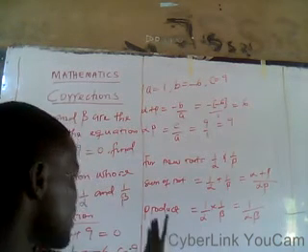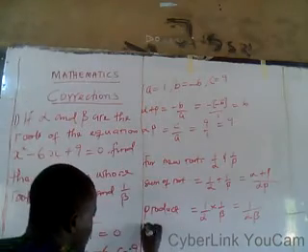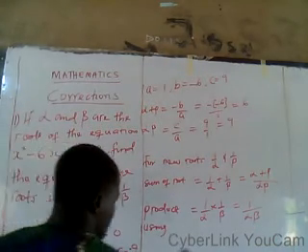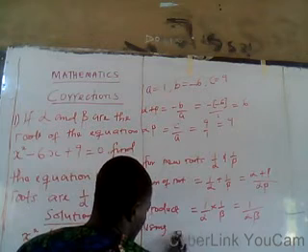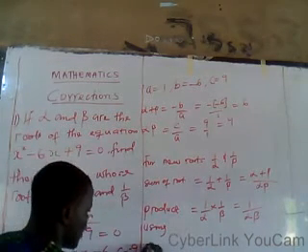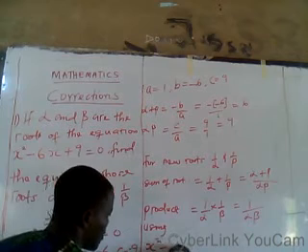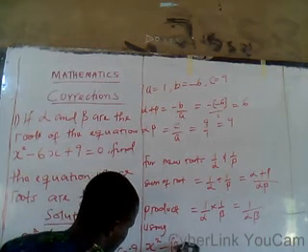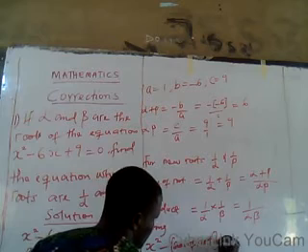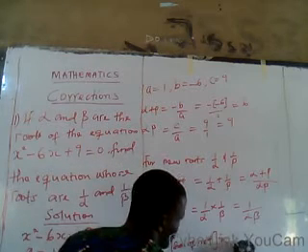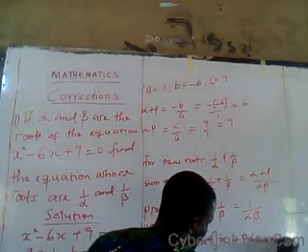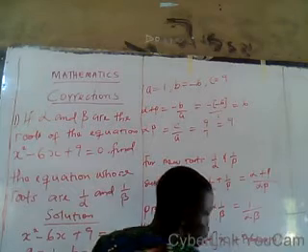So which means we now say, using x squared, hope you can see it, x squared minus sum of roots x plus product of roots, everything equals 0.